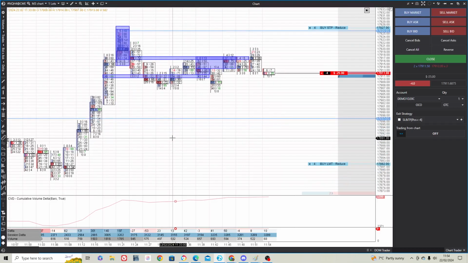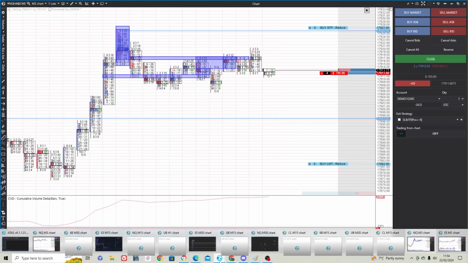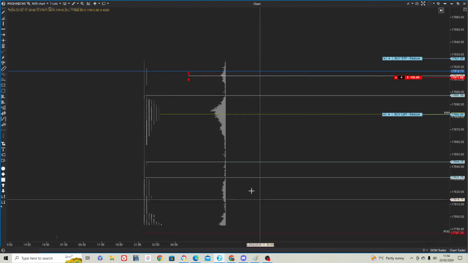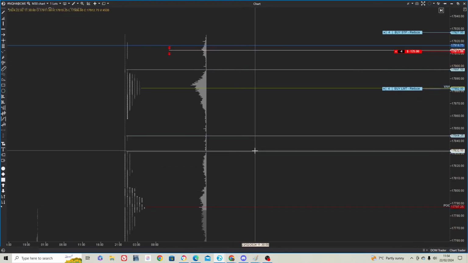Now, let's just note the other single prints, just in case we get a strong selling stop-induced price cascade, whatever you want to call it. So I'm just going to note the second single print, 1783.175.